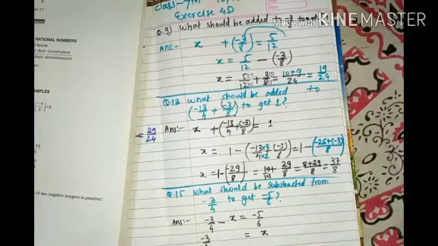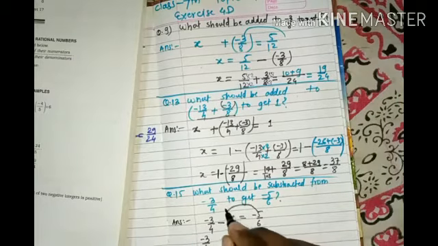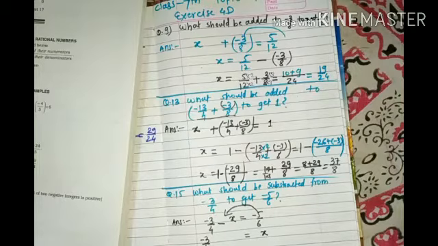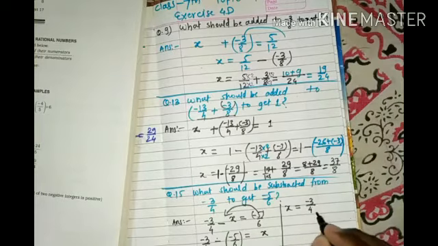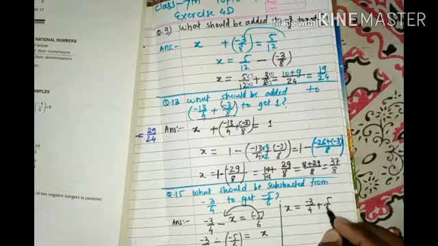This minus 3 by 4 stays as it is, and this minus 5 by 6 I will take on the left hand side, because the variable is now on the right hand side, so it becomes minus minus 5 by 6. Now we will do the subtraction by adding the additive inverse. So I can write x on the left because it is now clear. Minus 3 by 4 as it is, and we have to add the additive inverse of minus 5 by 6, which becomes 5 by 6.